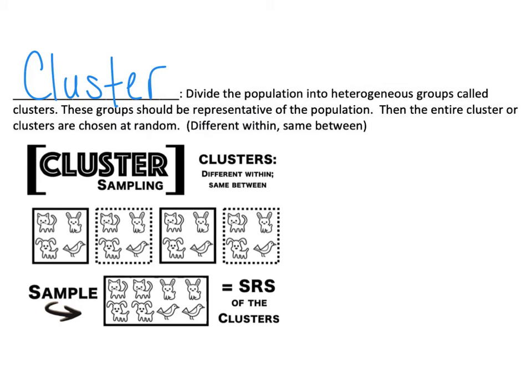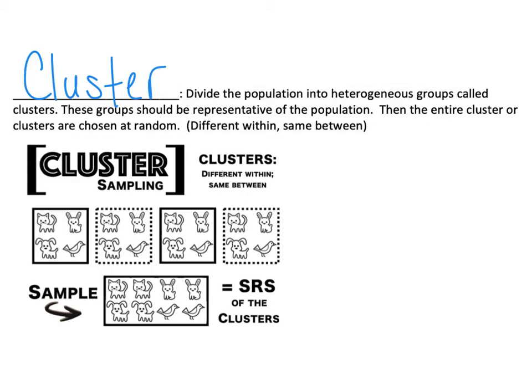Then you randomly select a couple of clusters or several clusters and take everything within that cluster. Whereas stratified is the same within, where you're grouping homogeneously, with clusters, they're different within.